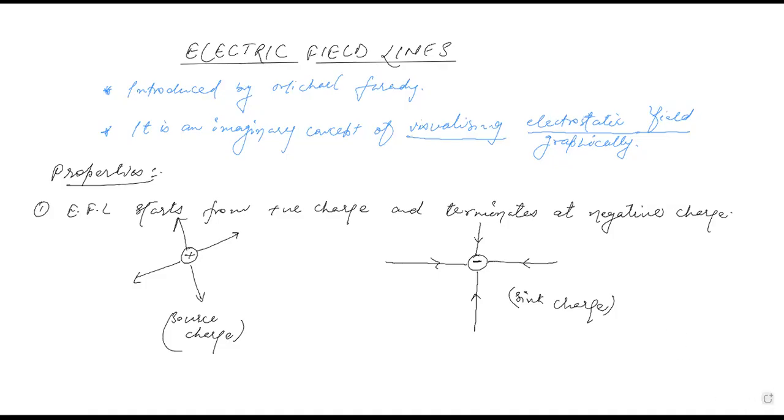The next point is electric field lines never intersect each other at any point.